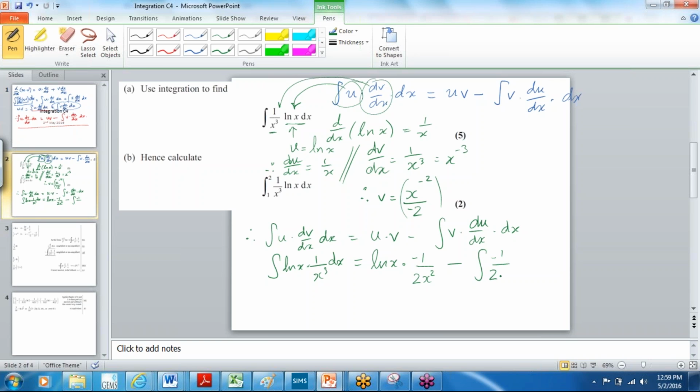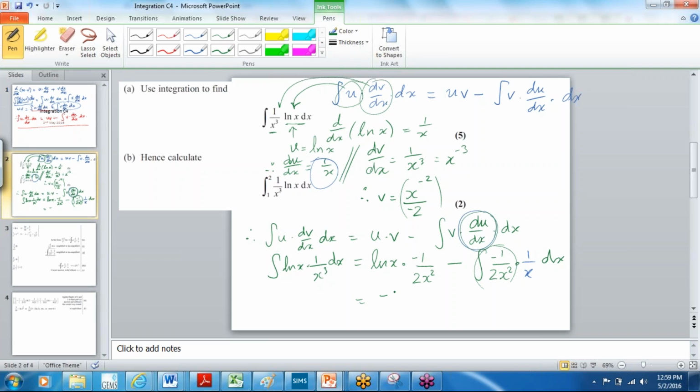Here we've got the integral of u, natural log of x, times dv/dx, 1 over x cubed, dx, equals u, which is the natural log of x, times v, which is negative 1 over 2x squared, minus the integral of negative 1 over 2x squared times du/dx, which is 1 over x, dx. So we've replaced v with negative 1 over 2x squared and du/dx with 1 over x. Now we're almost finished with our formula.